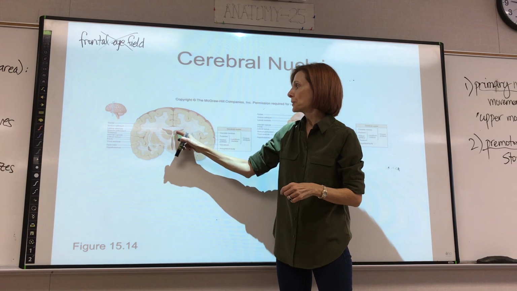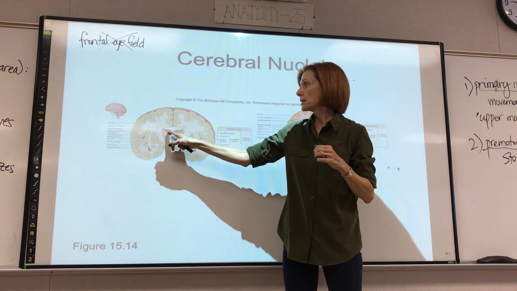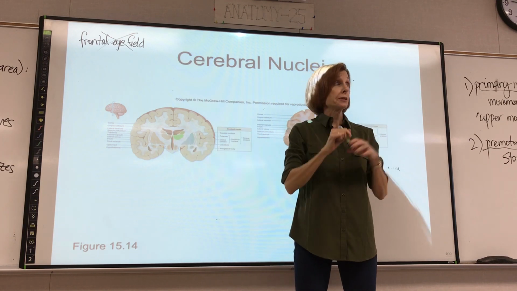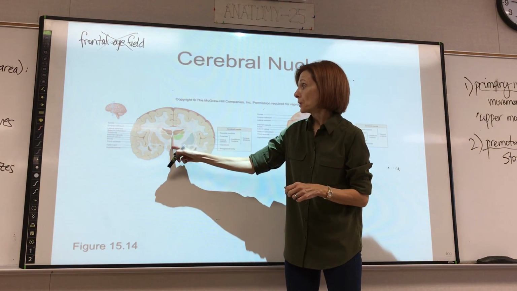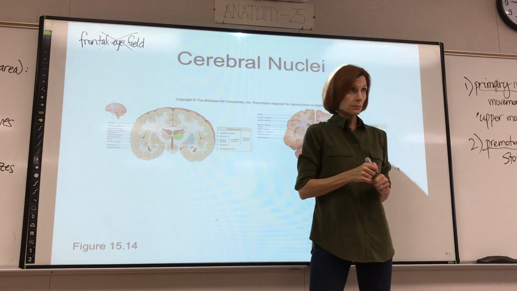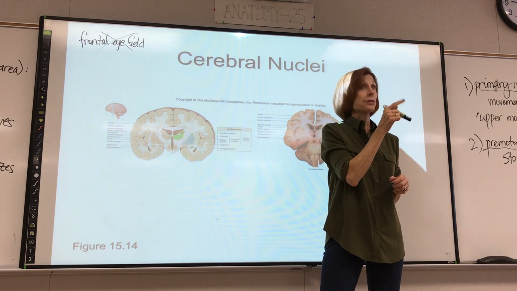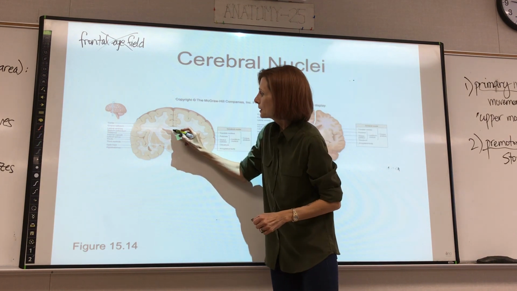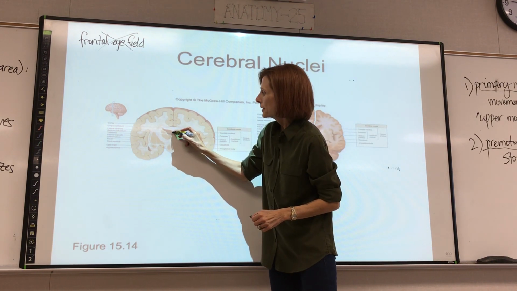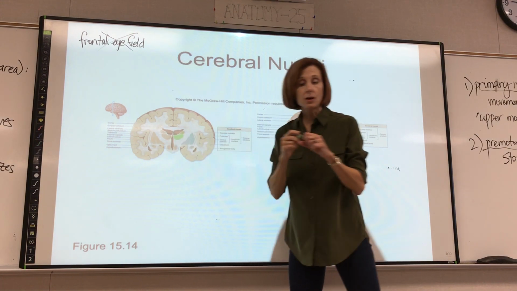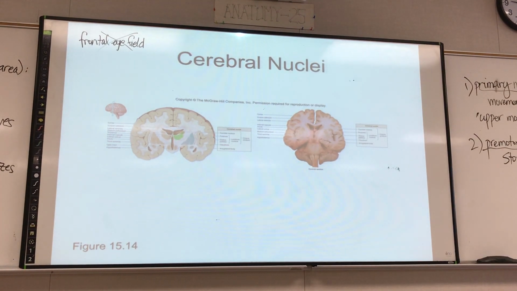Here we have these two ventricles that are in the cerebrum. These would be the lateral ventricles. This one right below them would be the third ventricle. The third ventricle, right.